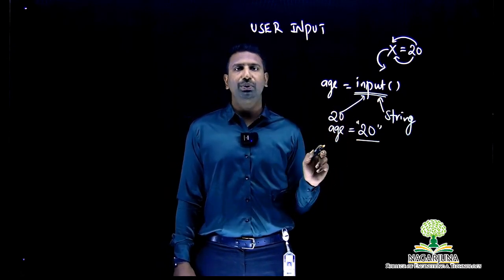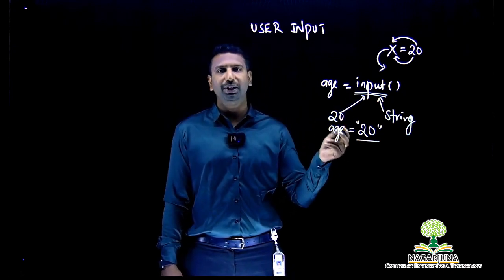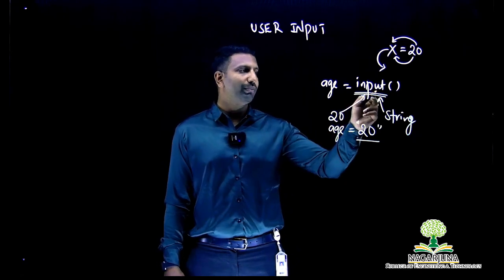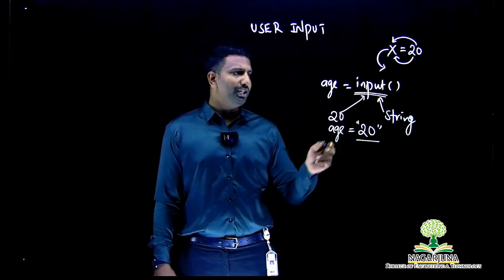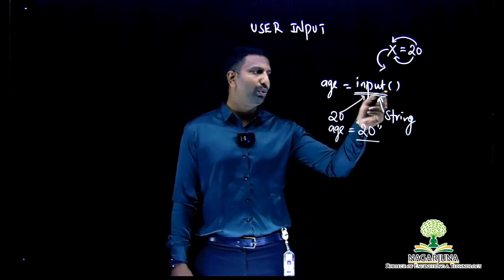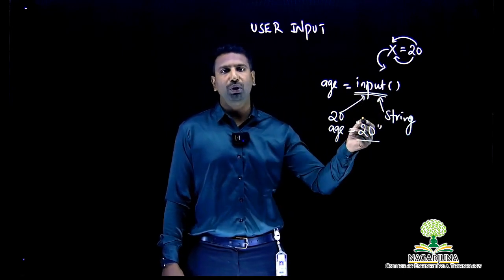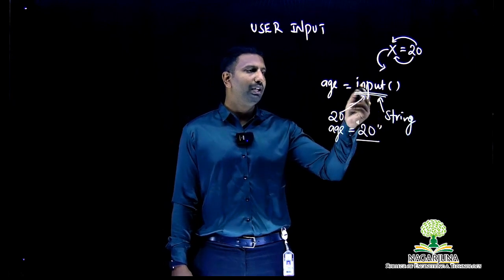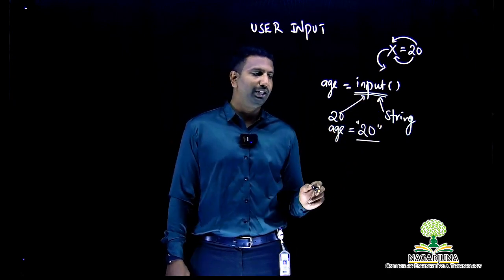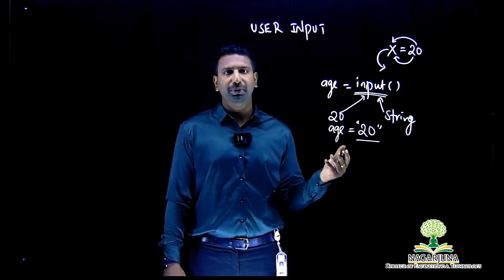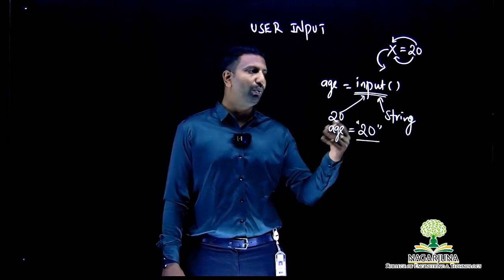As of now, what you need to understand is, if you need to accept anything from the user, you need to use the input function. I just wrote here age is equal to input, and since I'm the one who has written this program, I know I need to enter the age. But suppose a person X is executing my program, he doesn't know what to enter.